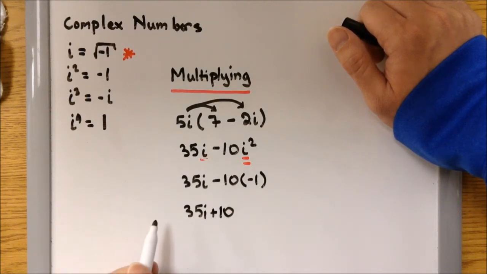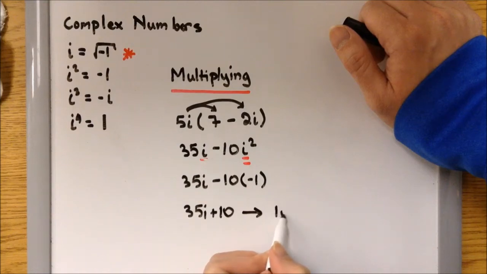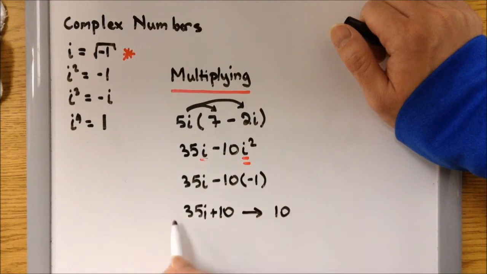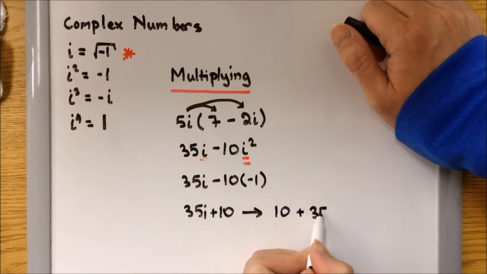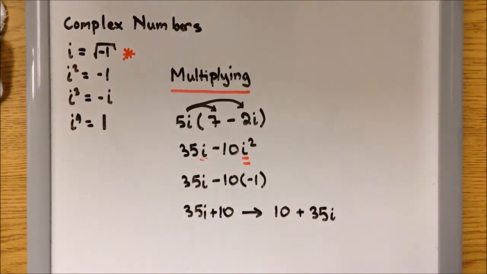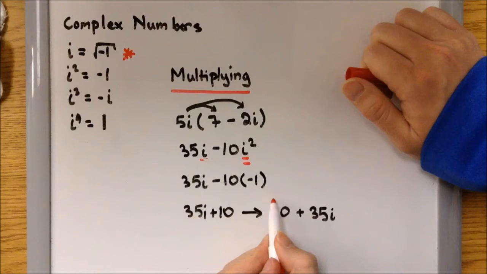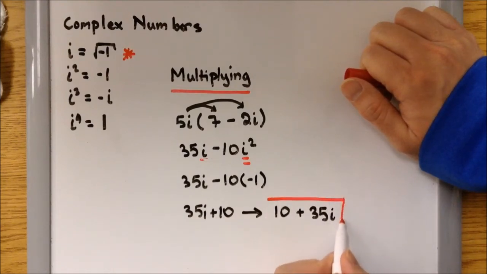And when we write our final answer, we always put the real number first, so 10, and then we put the complex imaginary number second, so plus 35i. And that is our final answer.